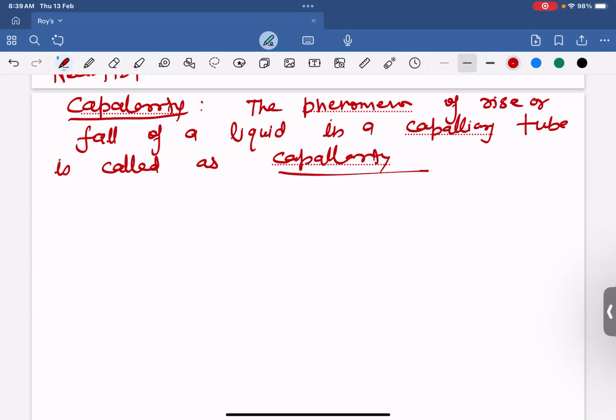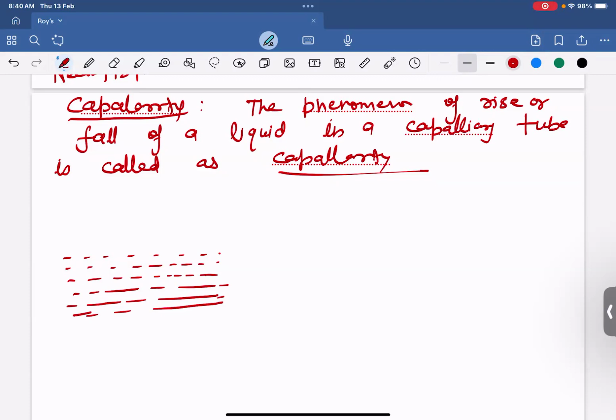So if you have a liquid here, let's suppose I take two types of liquid. This liquid has angle of contact less than 90 degree, and this is a narrow tube that is called a capillary tube. If the angle of contact is less than 90 degree and the surface is concave, then the liquid will rise like this.